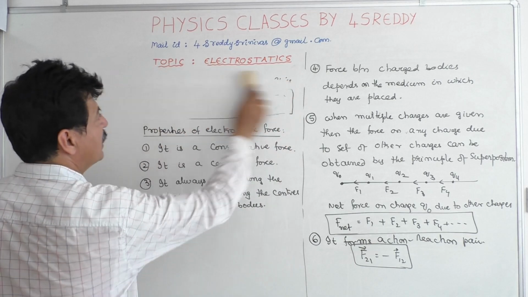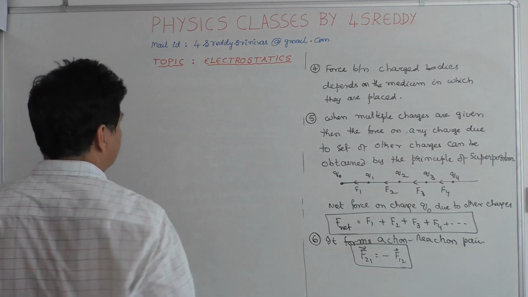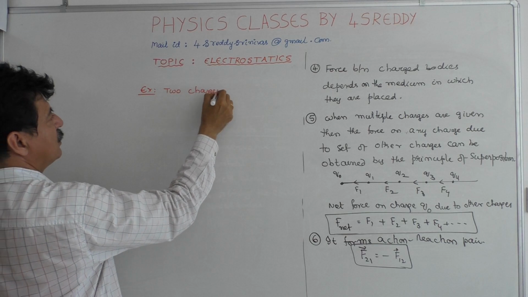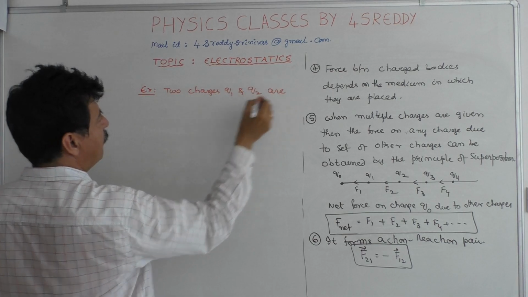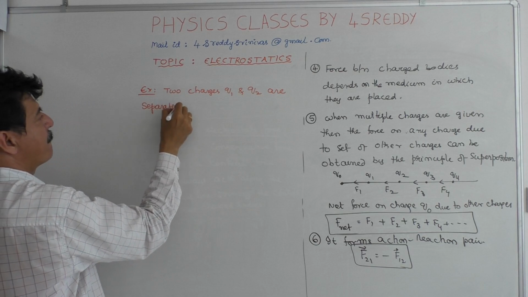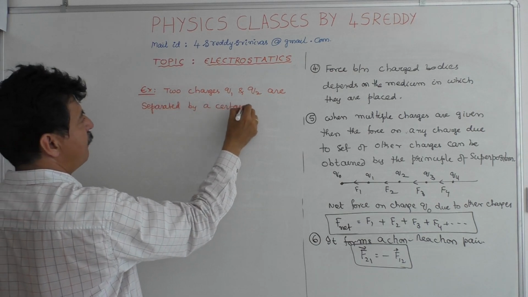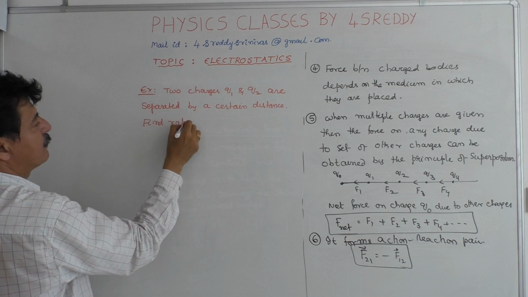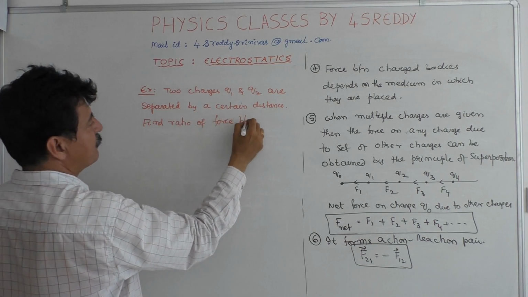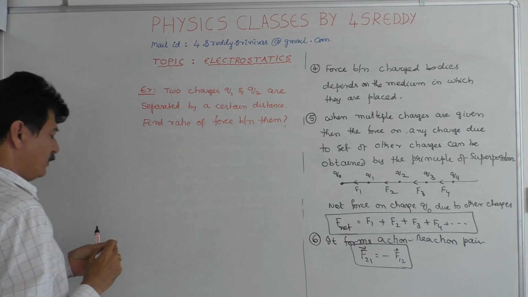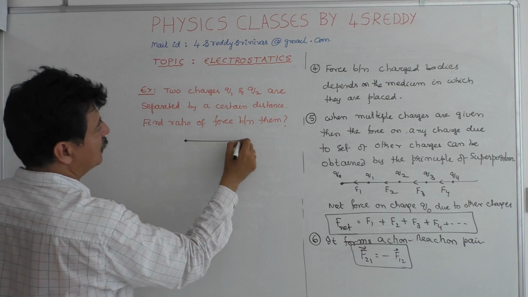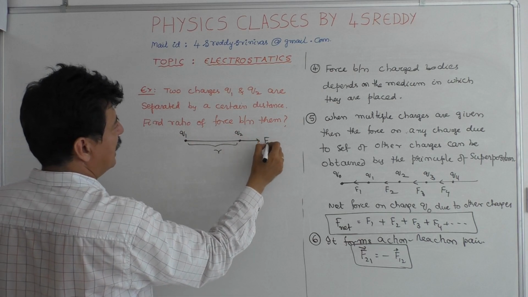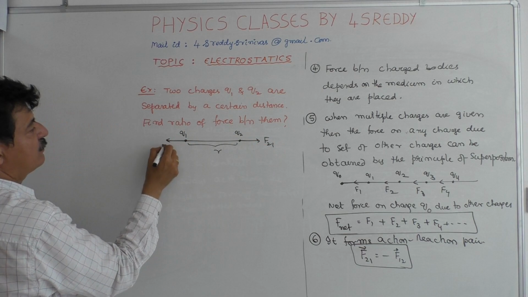If you take these two charges separated by a distance, this is Q1, this is Q2, this force is F21, this is F12.